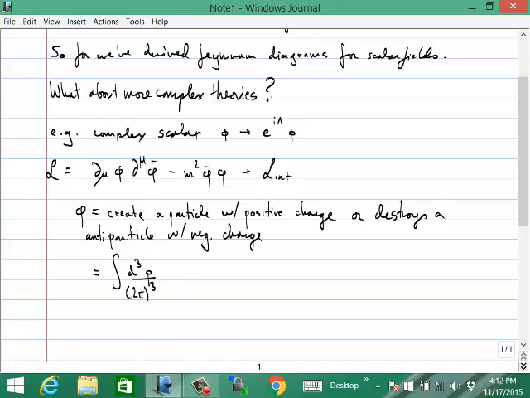bit more precisely, we just need to remember the treatment of the scalar field in free field theory, where you expand your complex scalar field in terms of a raising and a lowering operator. And I remind you that because phi is not a real scalar field, as an operator phi is not Hermitian, which means that the raising and lowering operators which appear here are not Hermitian conjugates of one another.